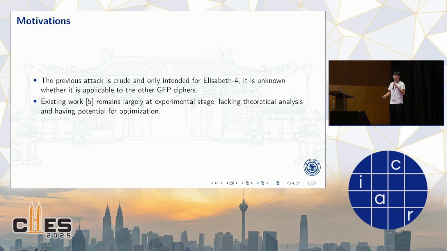Hence, we don't know whether the attack can still work when we target other GFP ciphers. Moreover, the existing work remains largely at the experimental stage and lacks theoretical analysis. So if we can give a theoretical analysis, we may better improve the attack.